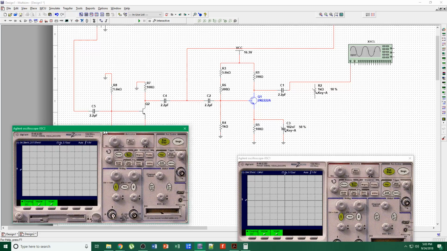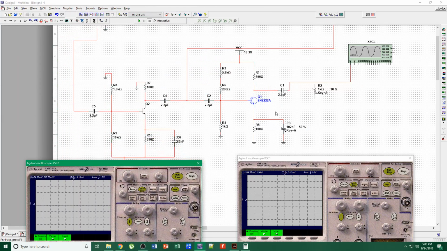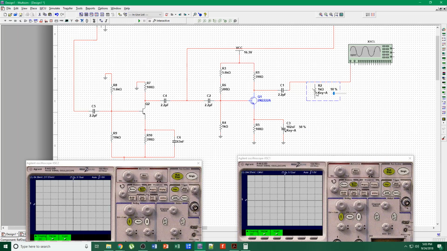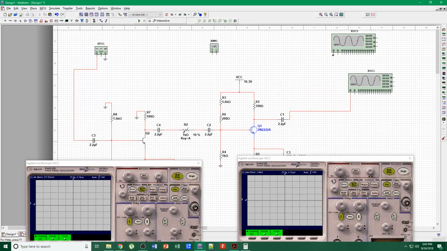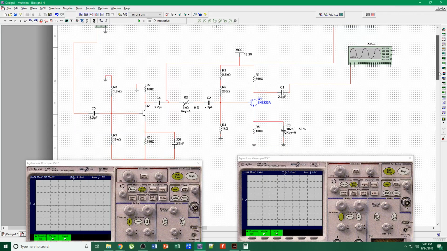Place at 50% to be exactly 51. And I could take this variable resistor and place it in series here. Now this is going to mess up my amplification for sure, but I could test it this way.